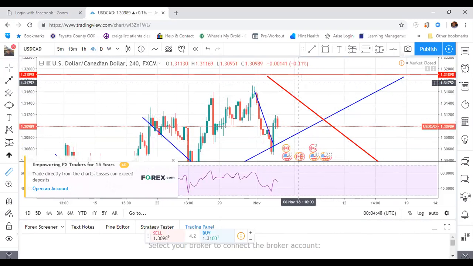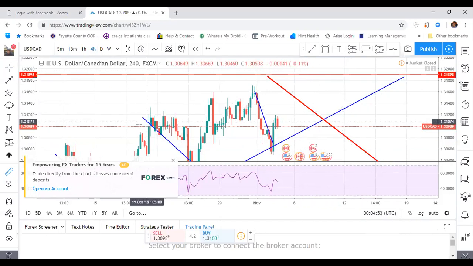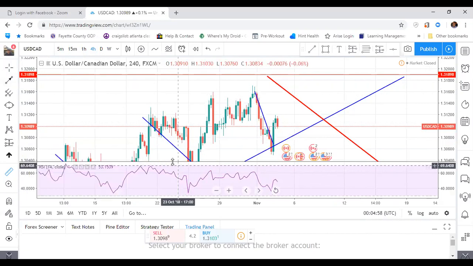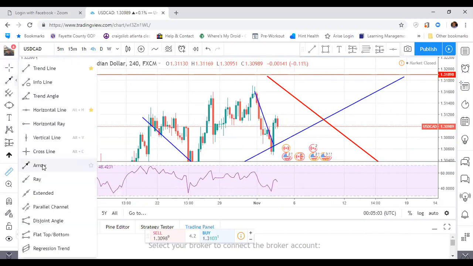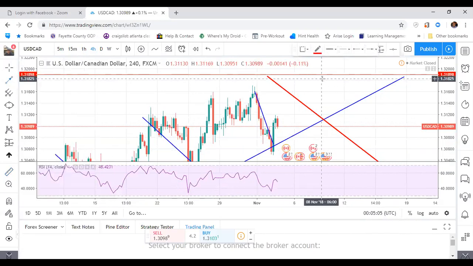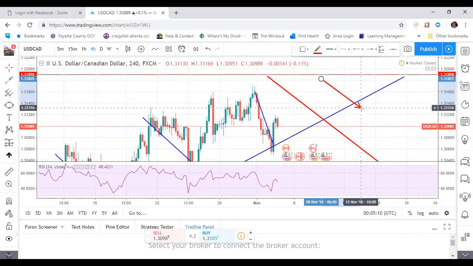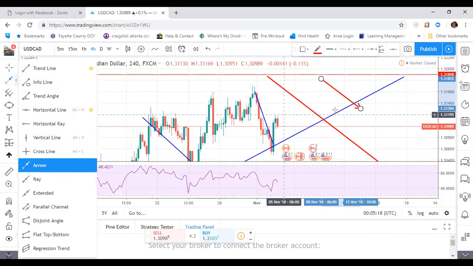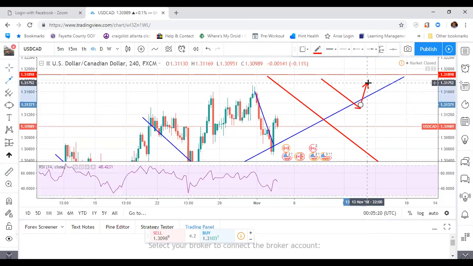You don't just jump in immediately. You want it to break this trend line. And once it breaks that trend line, what you may want to look for is, you want it to come here, but it may also come back up and retest this, okay?